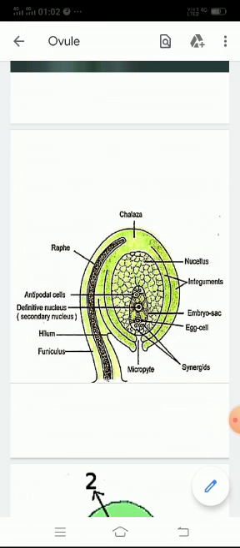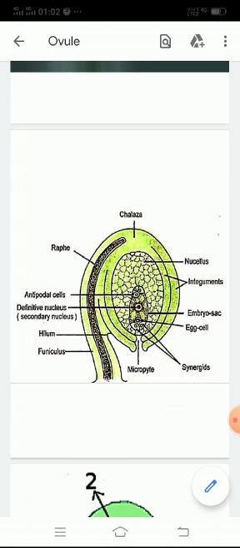Now we can talk about the antipodal cells, which are present at the base of the embryo sac. Antipodal cells are a group of 3 cells present at the chalazal end.